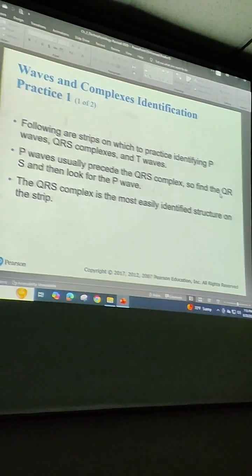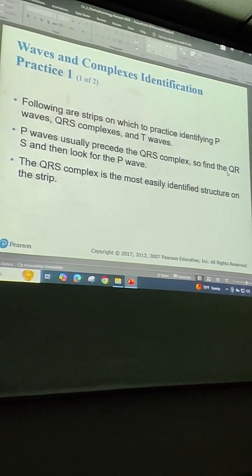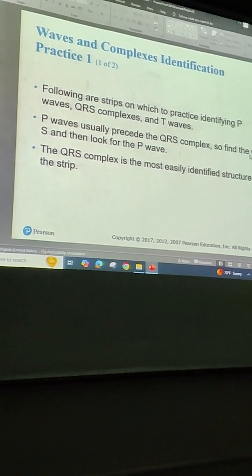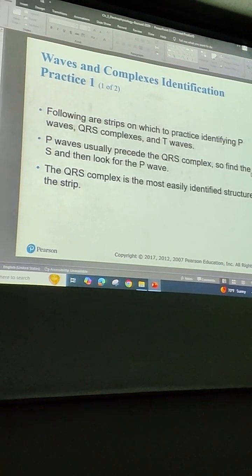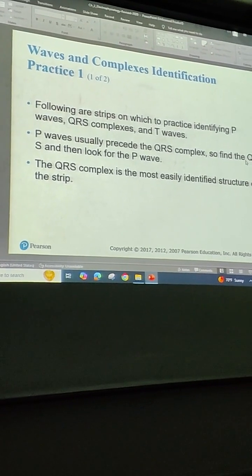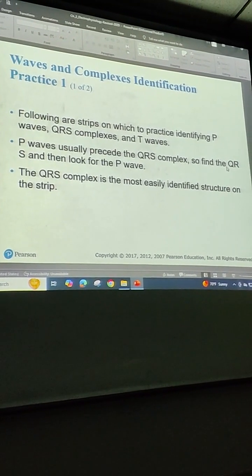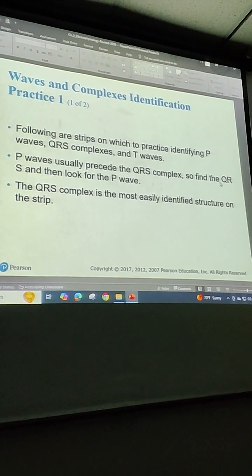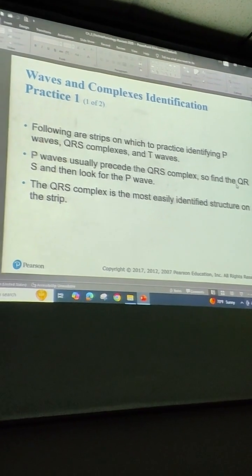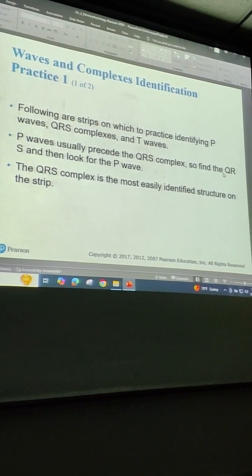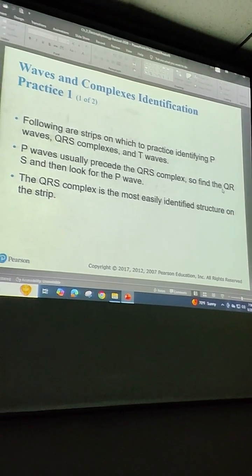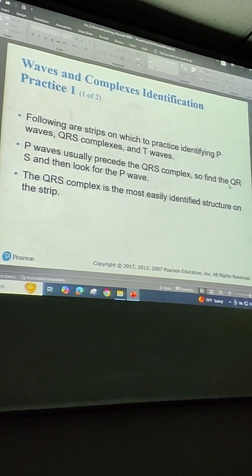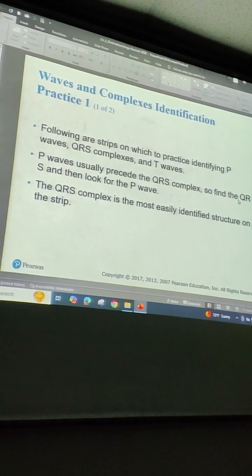When we see the QRS, what is being represented on an EKG? Ventricles contraction or depolarization. Let's get used to depolarization, contraction. Because they tell you contraction means what? Depolarization. And repolarization means what?